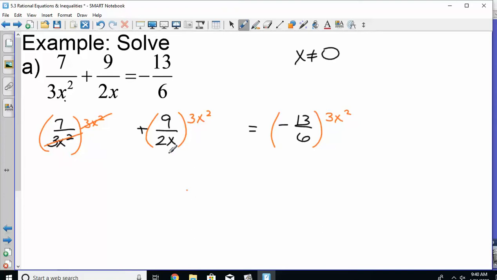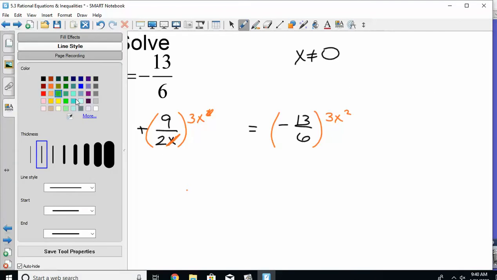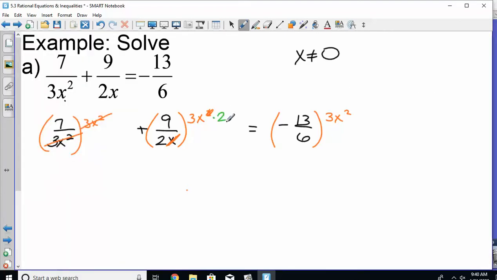In the second fraction, has everything been canceled yet? No. It would cancel the x. If you have an x and an x squared, you could cancel out one of those. But what do I still have to multiply by there? A 2. So let's take everything times a 2 as well.